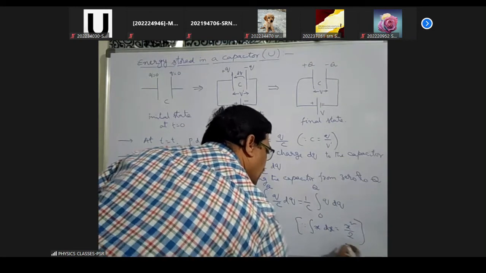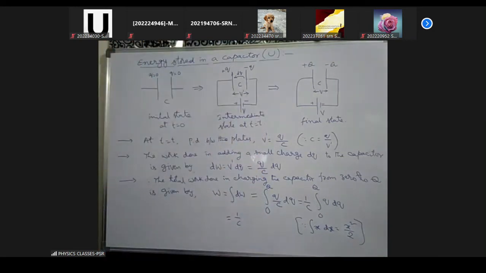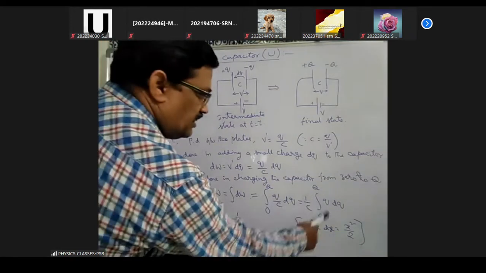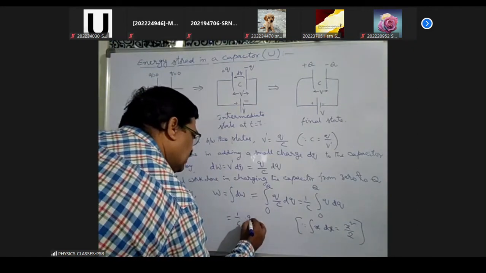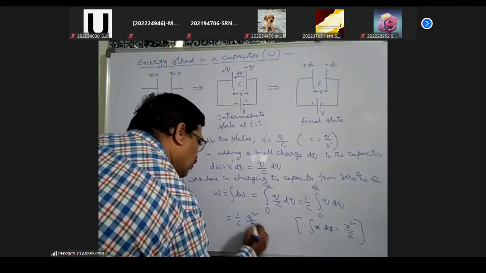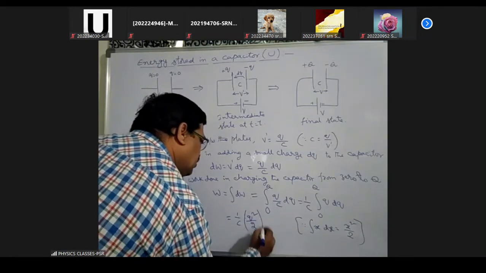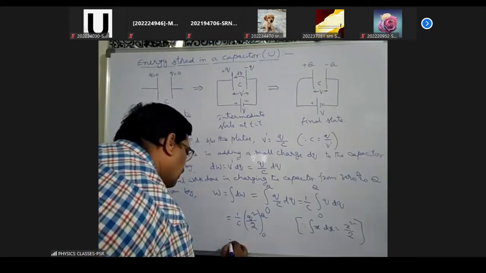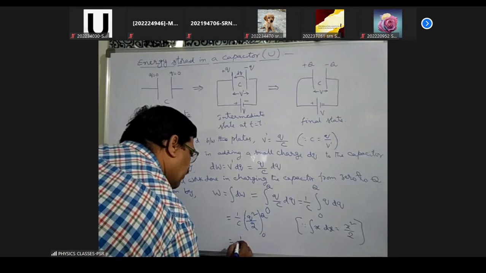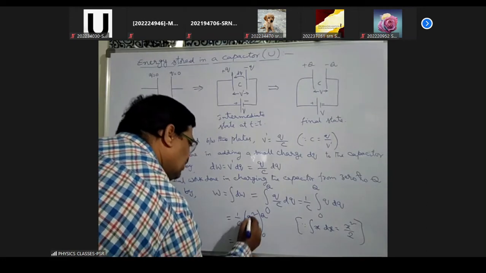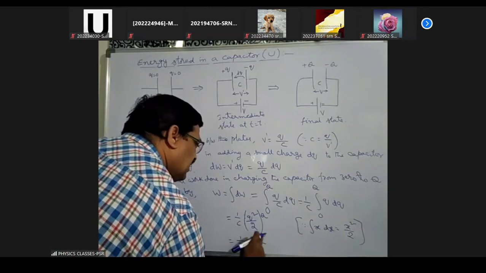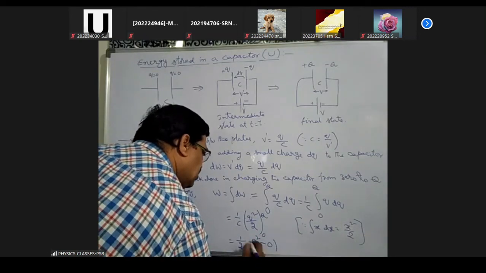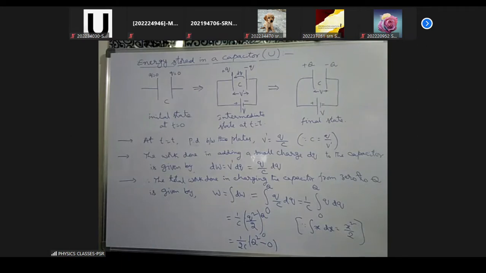This is the general formula for integration of x dx. Here instead of x we use q. That's why the integral q dq can be written as Q square by 2, between the limits 0 to capital Q. This can be written as 1 by 2C into, by substituting the upper limit, we get capital Q square, minus, by substituting the lower limit, we get 0. Is it clear?